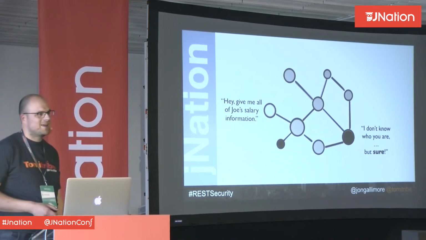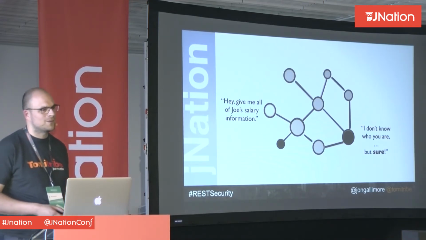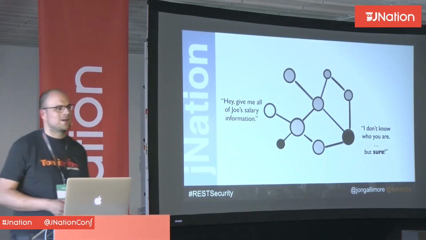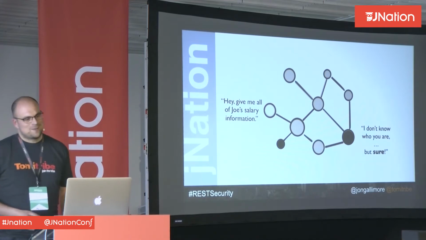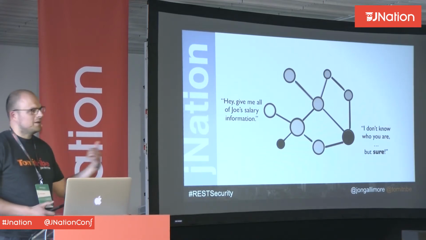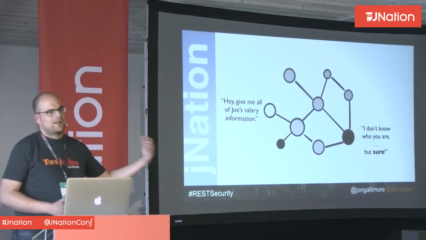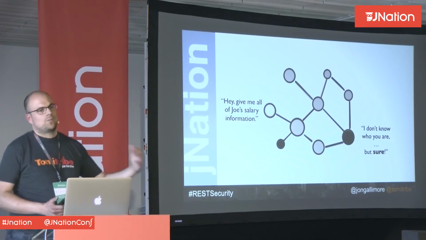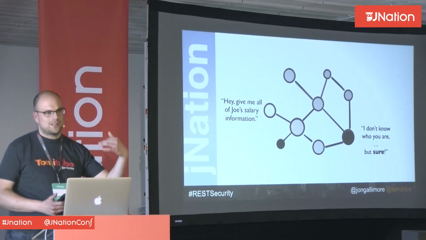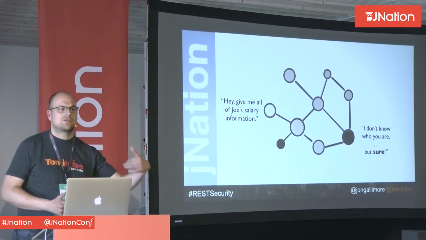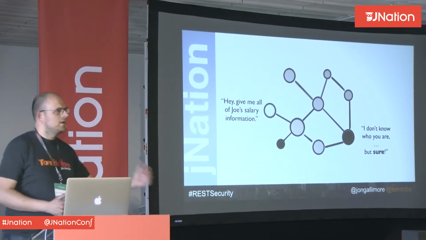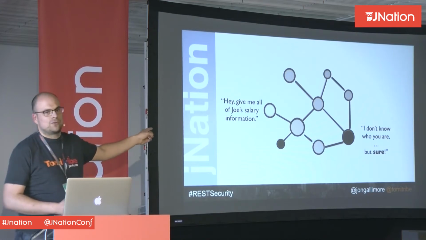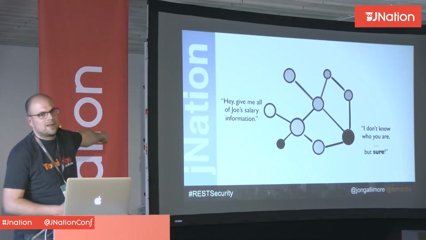Microservice D is saying, I don't know who you are or why you want Joe's salary information, but sure thing, here you go, take it. In this scenario, someone can actually talk to microservice D and scrape large volumes of data, because we're not checking that it's Joe who's on the front end of this request.